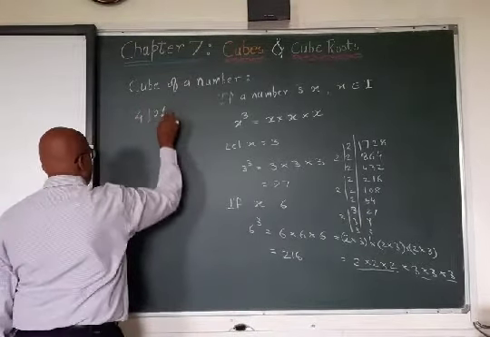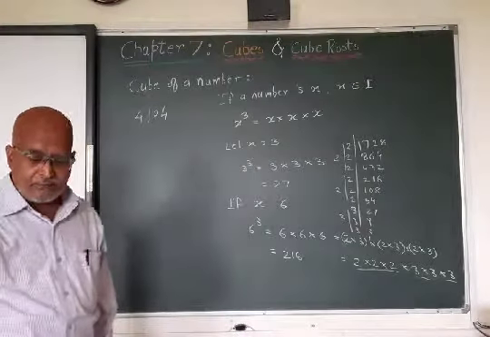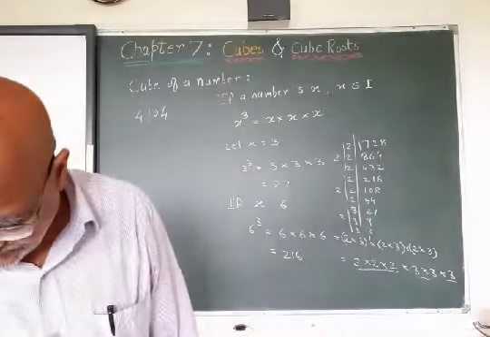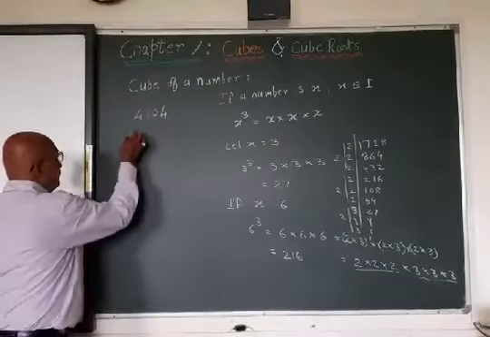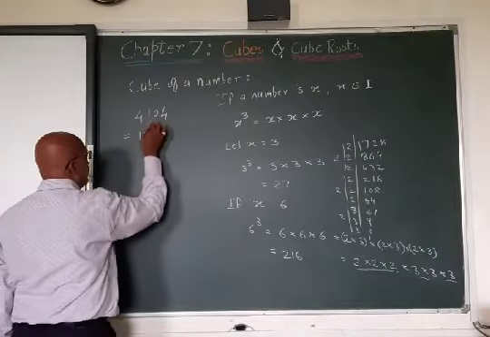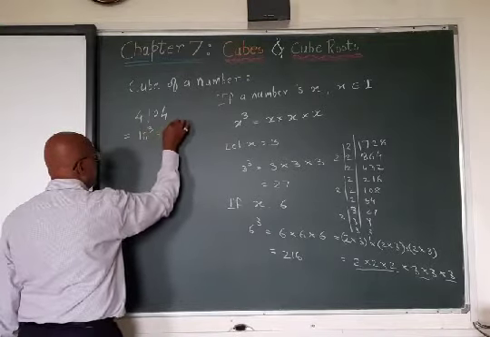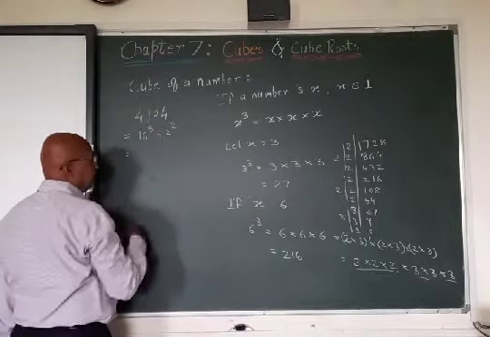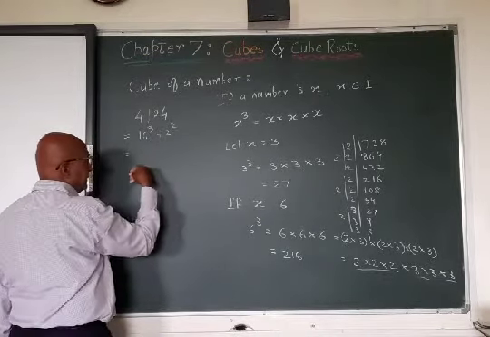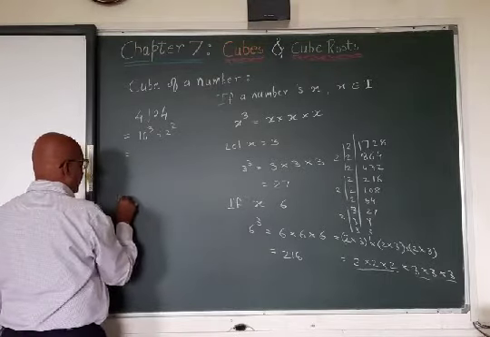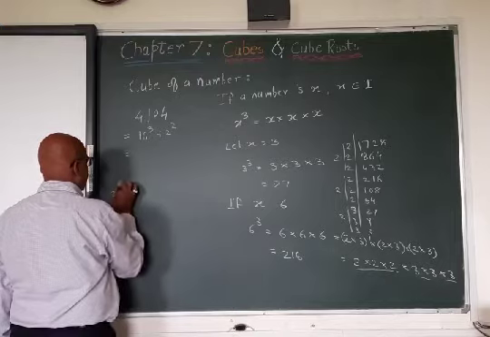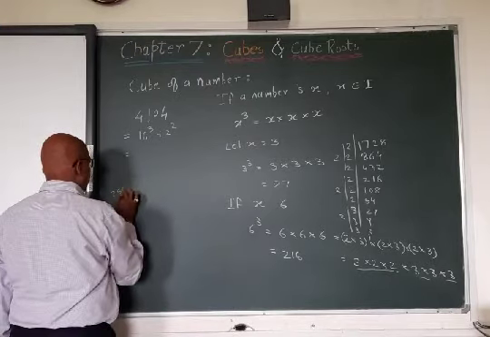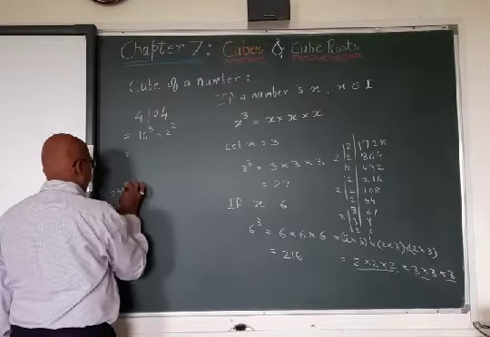This number can be represented as 2 cube plus 16 cube. You can see here 16 cube is 16 square, 256, multiplied by 16.